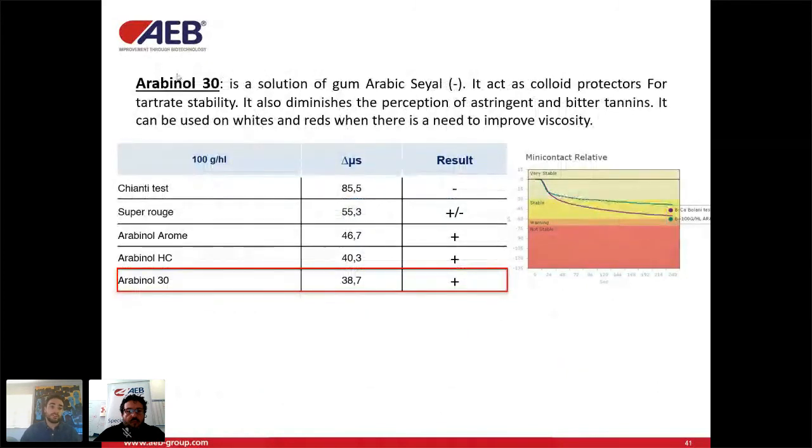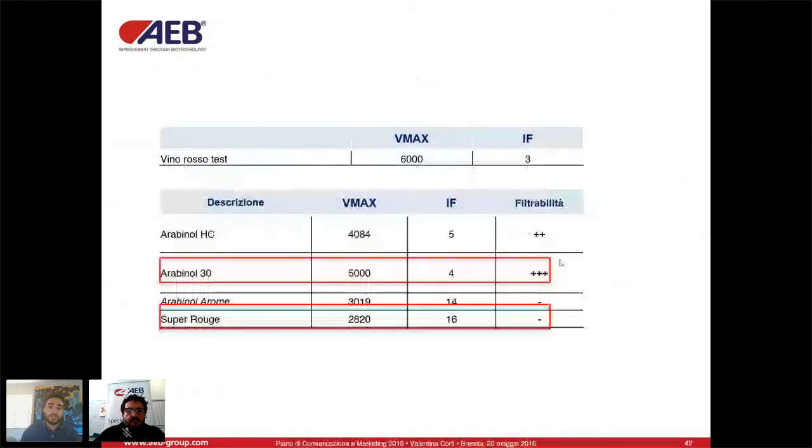Instead, Arabinol 30 is our 100% Acacia seyal solution, which we tested in Chianti compared to a control wine that was tartrate unstable. The addition of Arabinol 30 made the wine stable. Also, Arabinol 30 is the one that has the least impact on filterability.